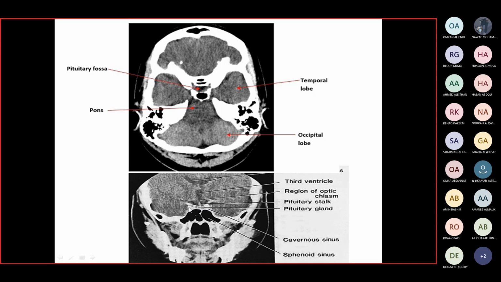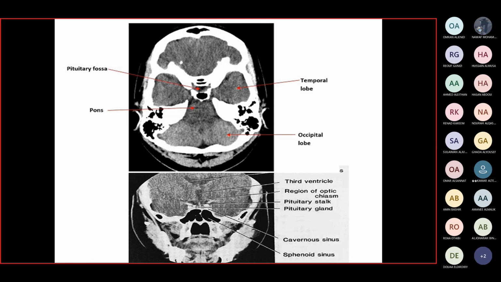Lateral to the pituitary gland, there is a cavernous sinus. Cavernous sinuses are located on either side of the pituitary gland, on the right and left. The most important structure seen in the cavernous sinus is the internal carotid artery. There are many other nerves, but the internal carotid artery is the most important.